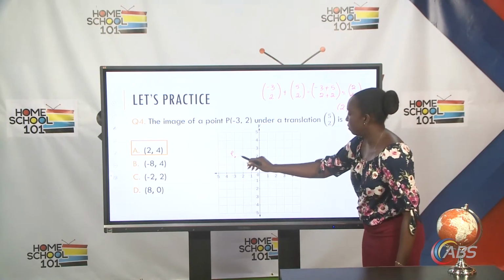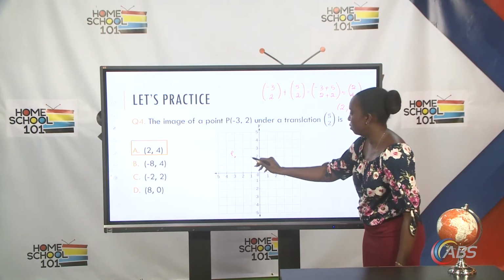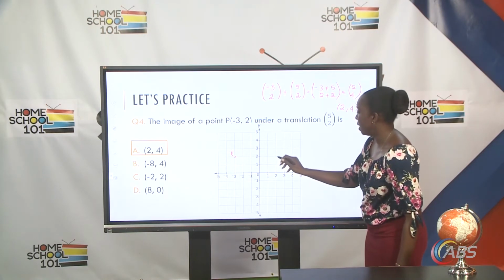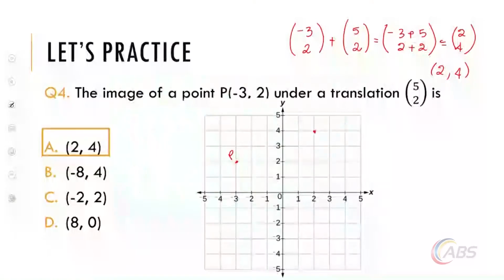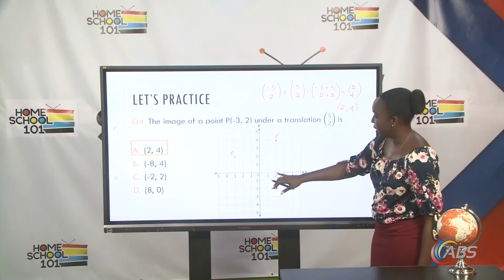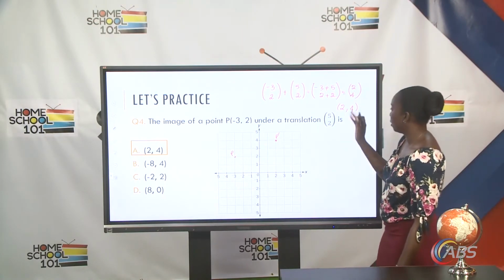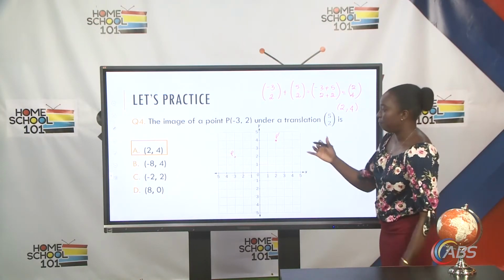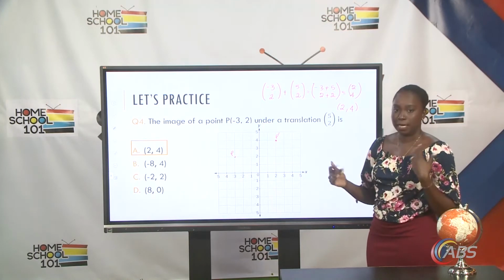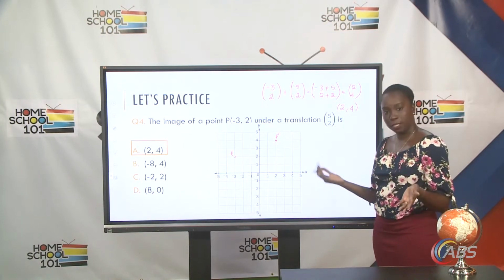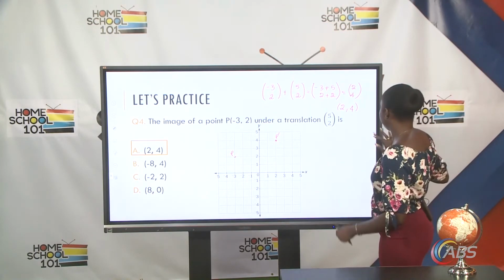So if I move to the right 5 places, 1, 2, 3, 4, 5, and I go up 2 places, 1, 2, this is now P prime. And we can see that it is here at 2, 4. So you see, either way, we end up with the same answer. So again, this is a case where you could use whichever method is your preference.